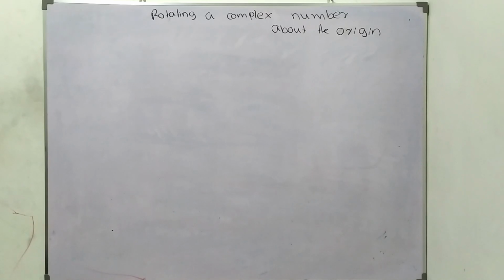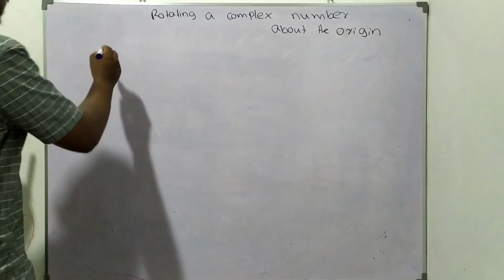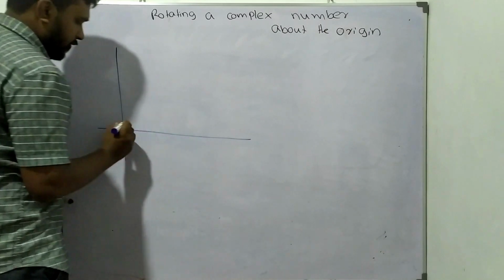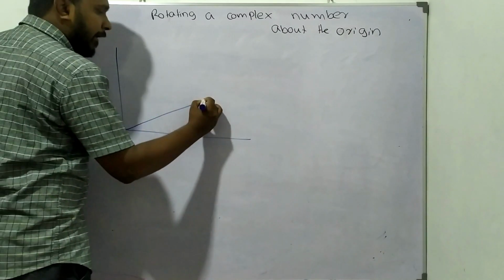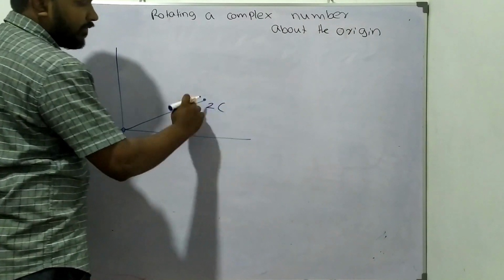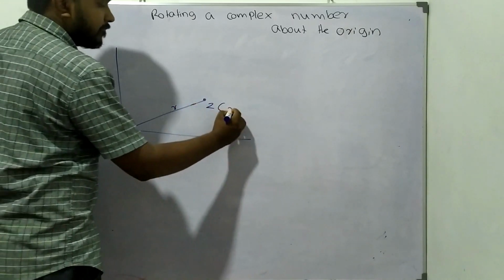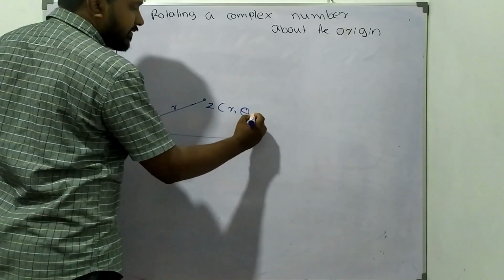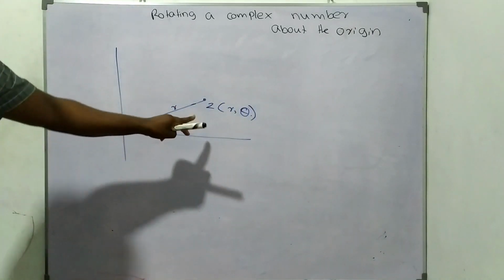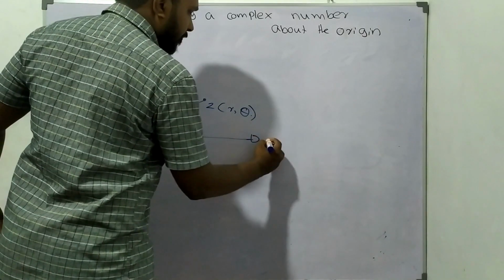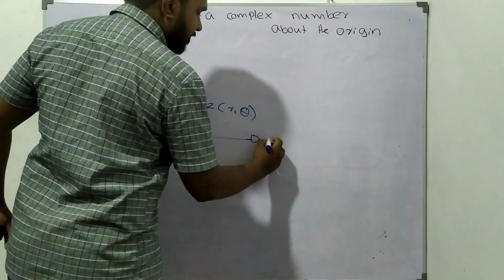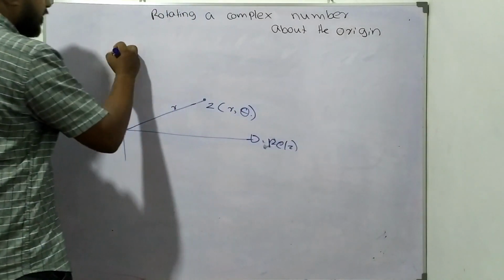Okay children, in this part I am going to discuss how to rotate a complex number about the origin. Assume you have a complex number z with radius r and angle theta, on the Argand diagram with real axis and imaginary axis.